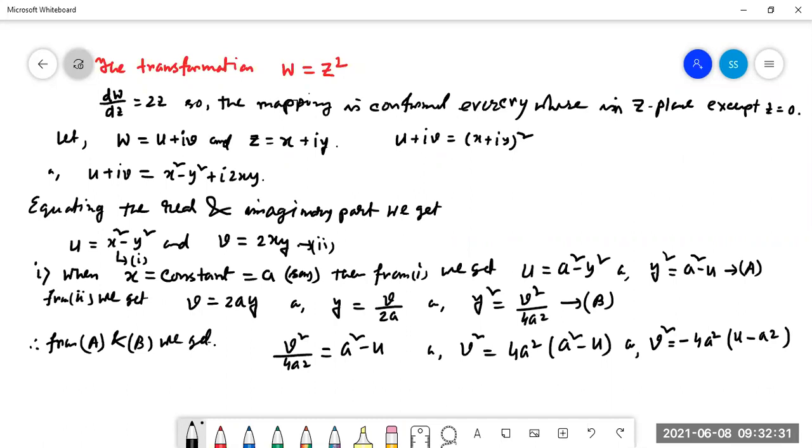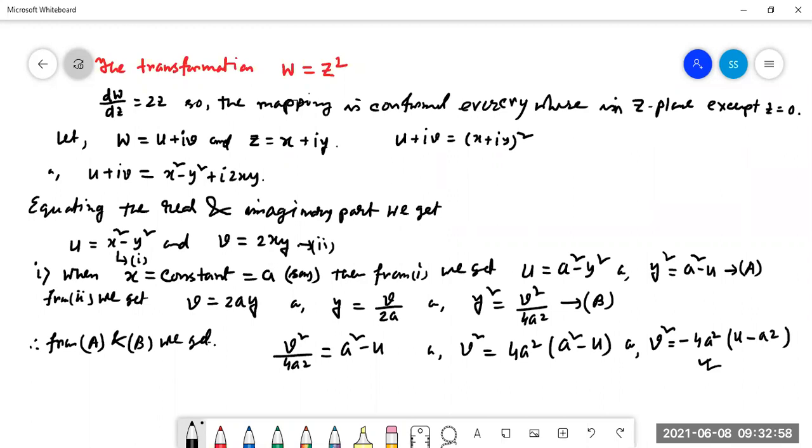Whose equation is this? It is nothing but the equation of a parabola. So after transformation from the Z plane to the W plane, it will be a parabola in the W plane. Is it clear?